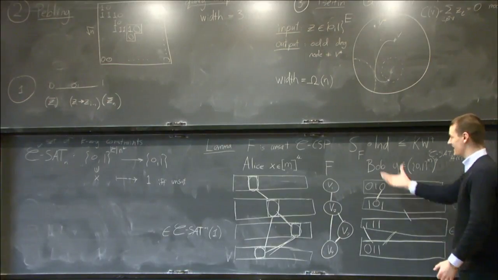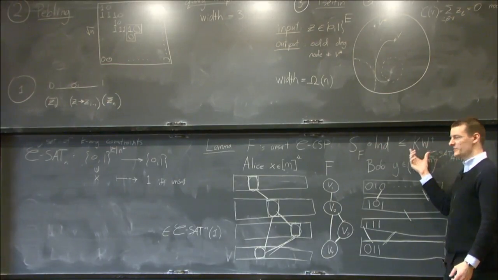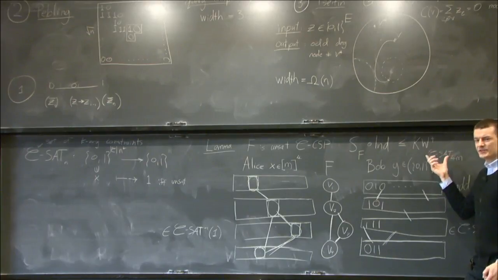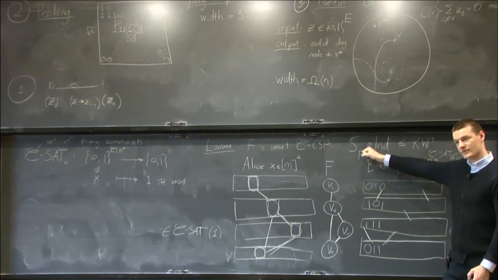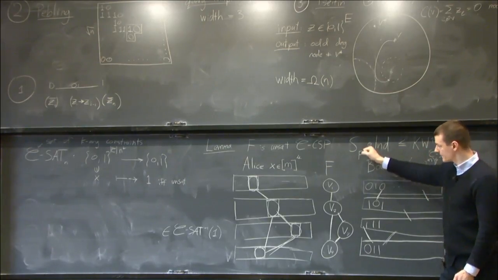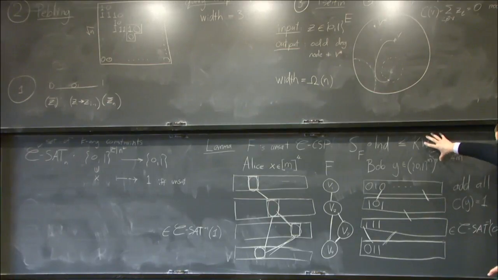So far I've taken the inputs here and produced inputs here, but for a really proper reduction, I also need to tell you how every solution to the monotone Karchmer-Wigderson game gives rise to a solution for the composed search problem. So what is a solution here? Well, it's this bit where Alice has a 1, Bob has a 0.